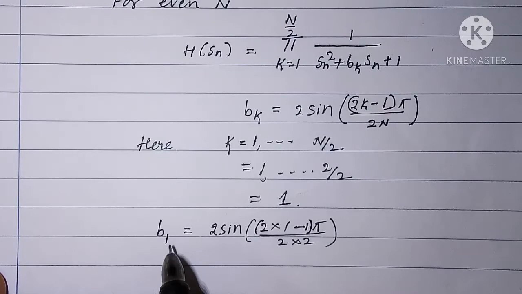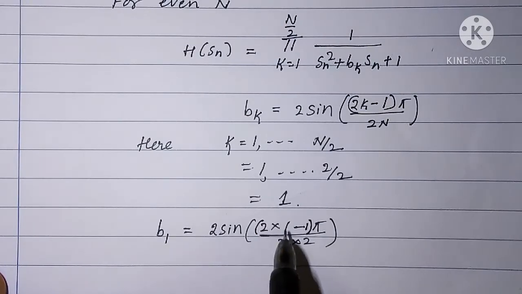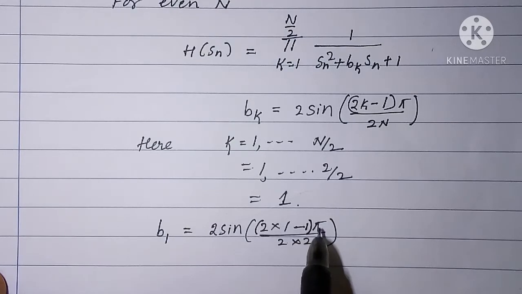First we will calculate b1 value. b1 is equal to 2 into sine of (2 into 1 minus 1) bracket complete into pi divided by 2 into 2, because n is equal to 2, that is order of the filter is 2.